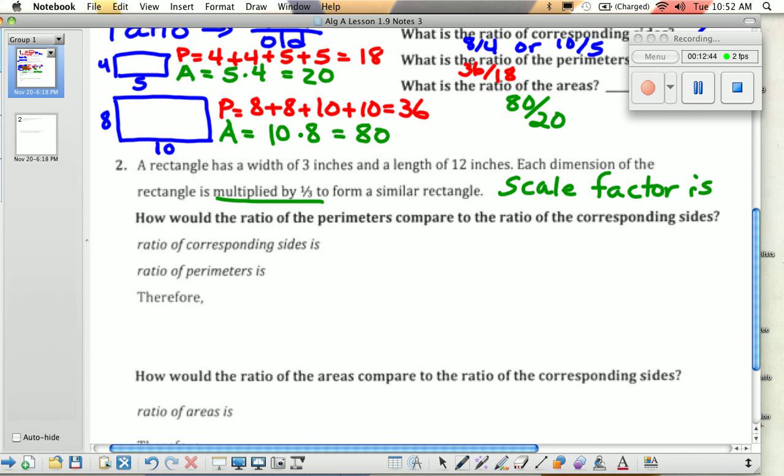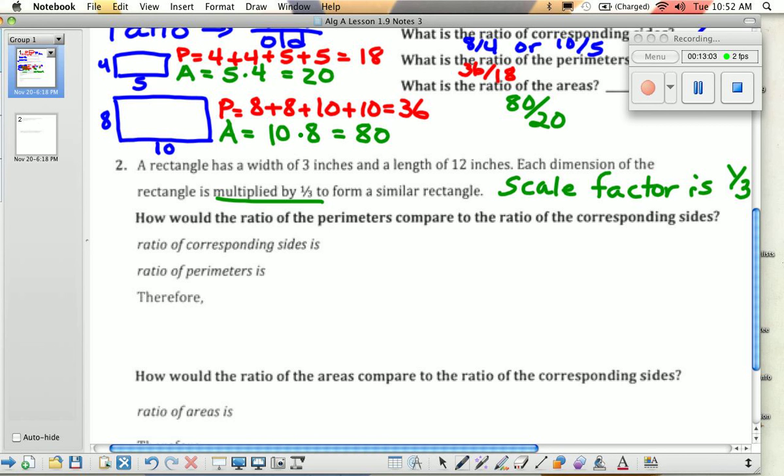What is the scale factor? 1/3. It's what we multiply by. Okay, now let's stop and process. What should happen then? Should the new rectangle be bigger or smaller? It should be smaller, shouldn't it?